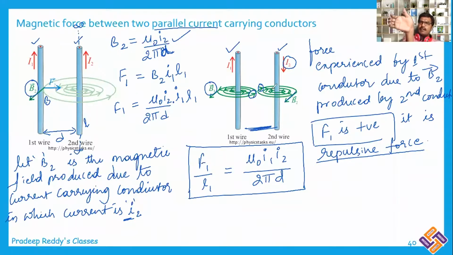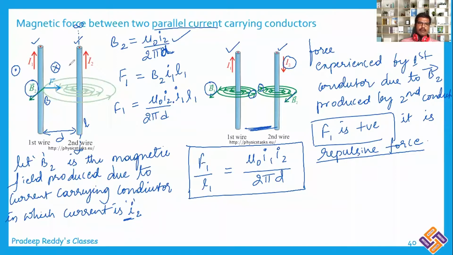Like you can take the first one, because of the first one the magnetic field is inside, and because of the second one the magnetic field is inside. And in the first case, because of the current carrying conductor I1 above, the magnetic field here will be into, the magnetic field here will be out.